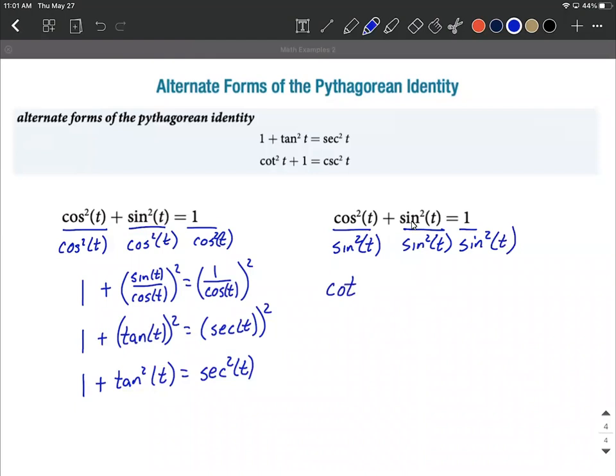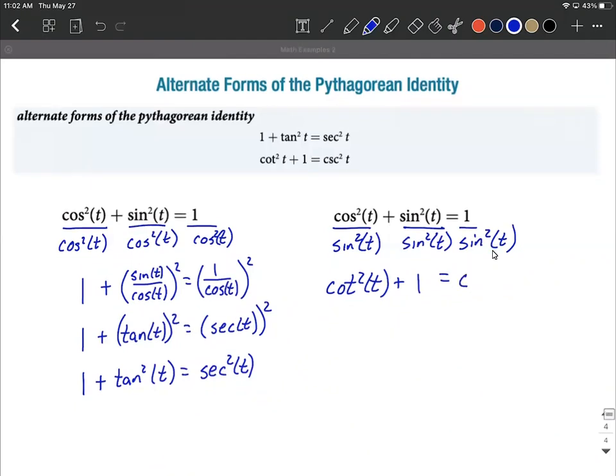And then sine squared of t divided by sine squared of t, same thing in numerator and denominator, is going to be equivalent to 1. So we can say plus 1 going on here is equal to 1 over sine, which is going to be cosecant. And since this is squared, we can say this is cosecant squared of t. We could rewrite it as I did with these intermediate steps going on over here. But that's basically where our alternate forms of the Pythagorean identity come from.